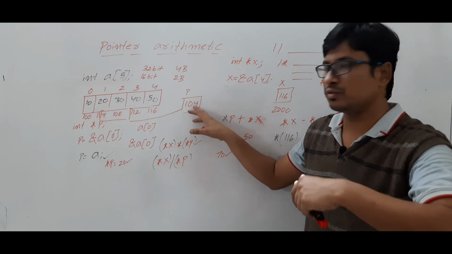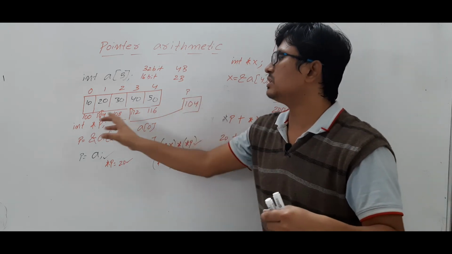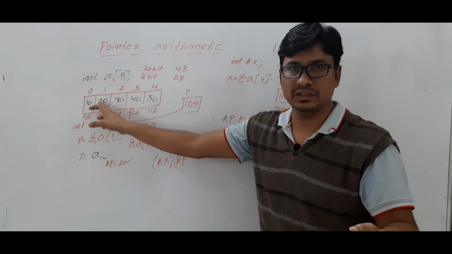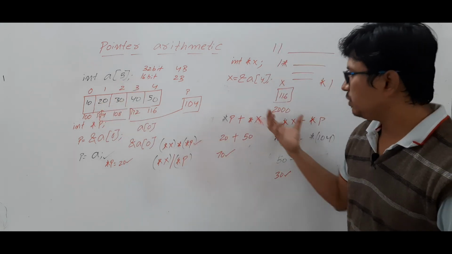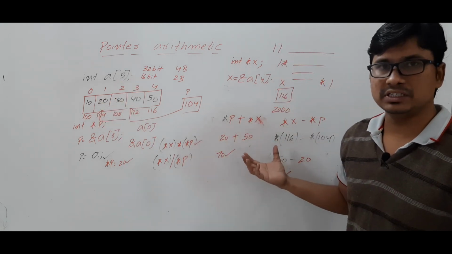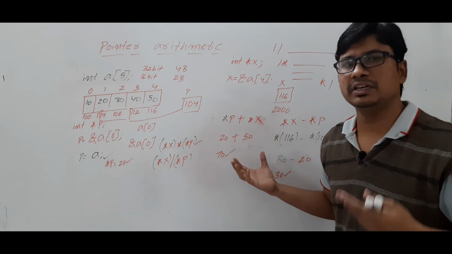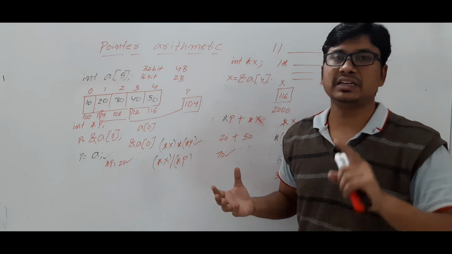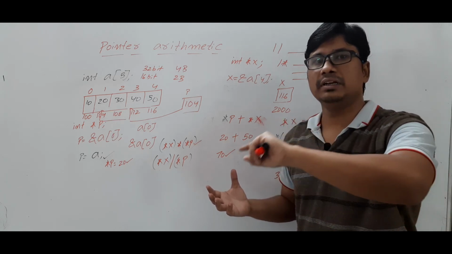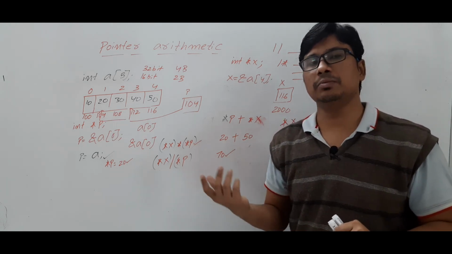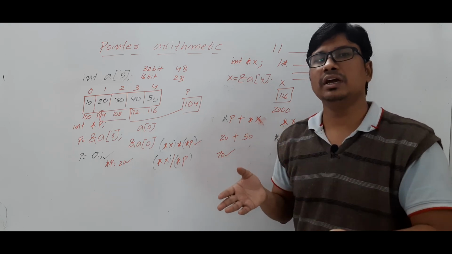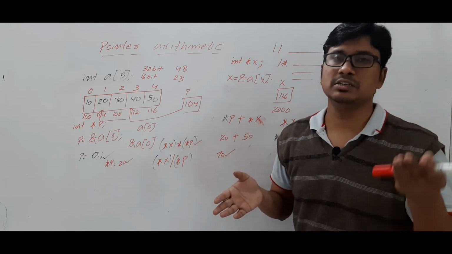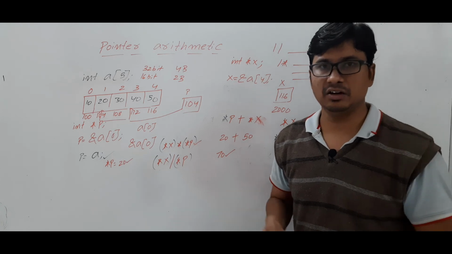The address is 104, and the value is whatever is in that 104 location; on that value we can perform all the arithmetic operations such as addition, subtraction, multiplication. But on the addresses, except subtraction and increment and decrement, we cannot perform other operations such as multiplication, division, addition.